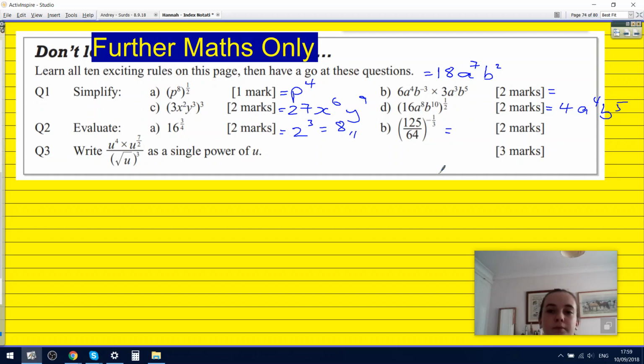And B. Cube root. Is it? 5 over 8. Cube root? 4.